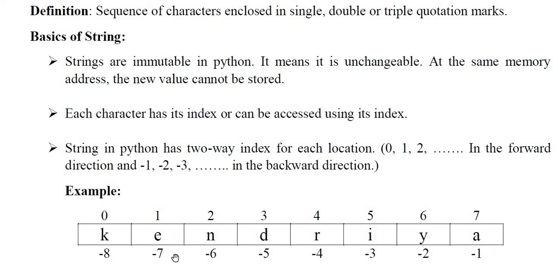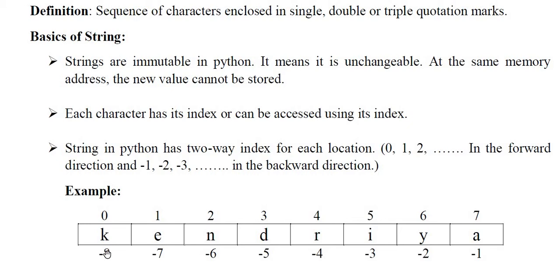If some address is given over there, and on 1024 you store k, then later on you cannot store anything else at 1024. 1024 only stores k. Later on you cannot change it, that's why a string is immutable.